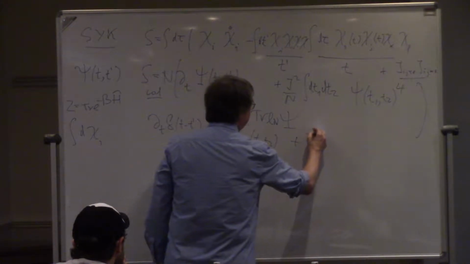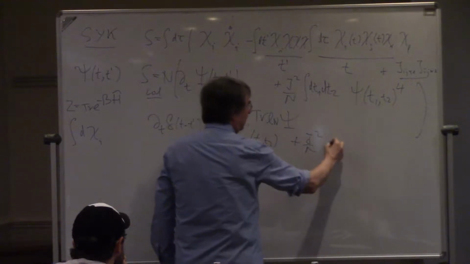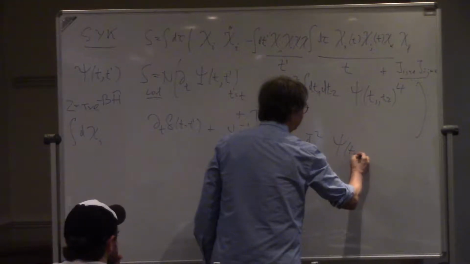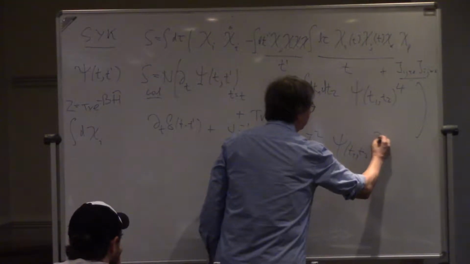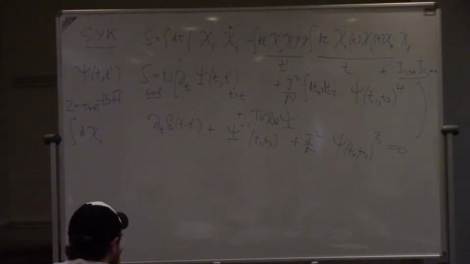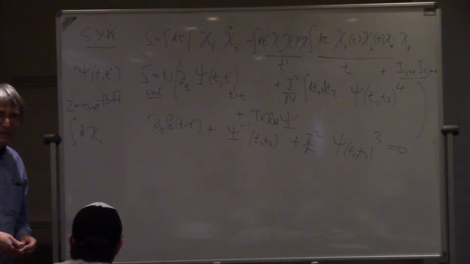plus J squared over N, psi cubed, psi of t1, t2, cubed equals 0. And if you remember Jeff's lecture, Jeff derived this equation in a much more complicated way.